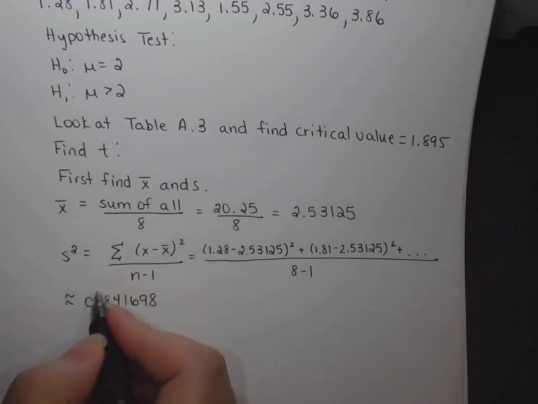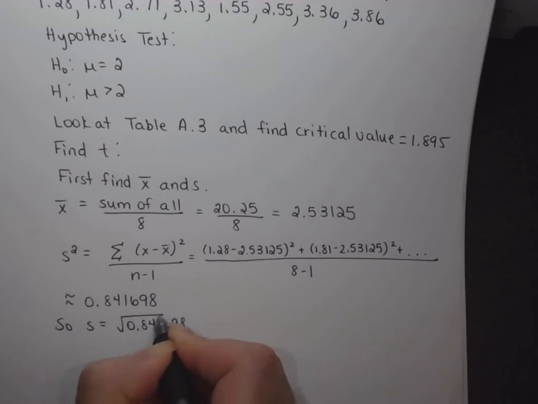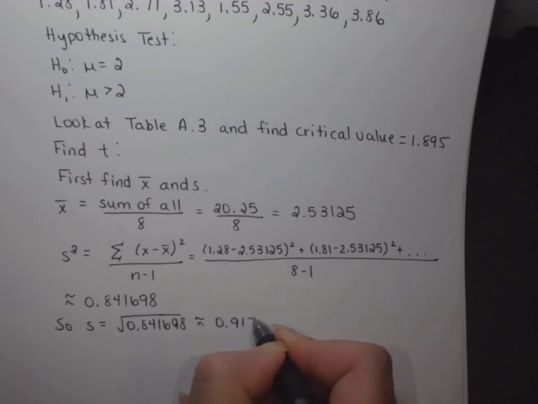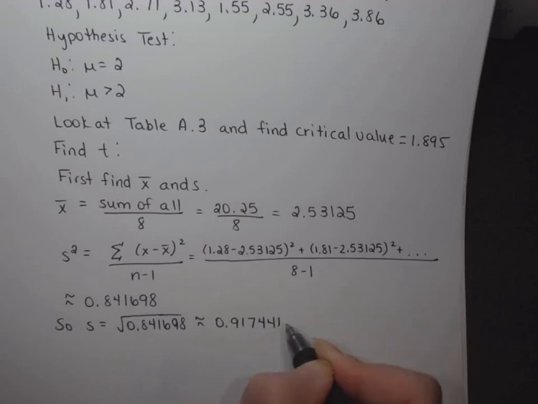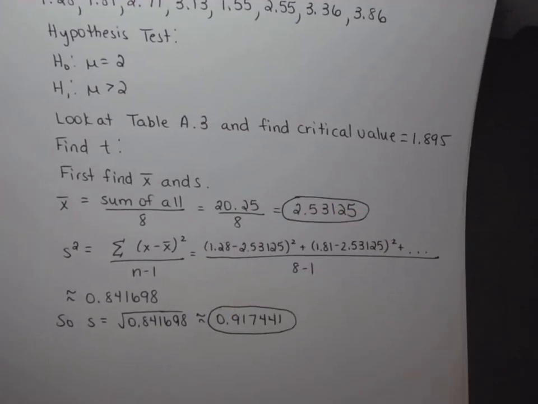Okay, but notice I don't want s squared, I want s, right? So to find s, you take the square root of that variance, and that works out to be about 0.917441. So I'm going to circle these, because these go in my t formula. That's why I had to find them, right? So now we can find t.